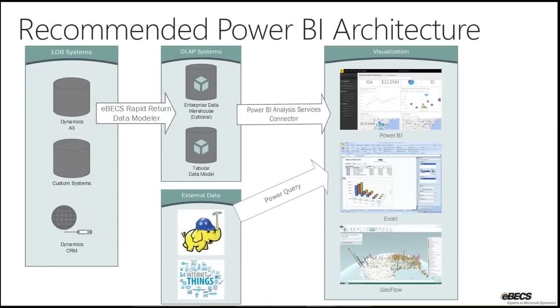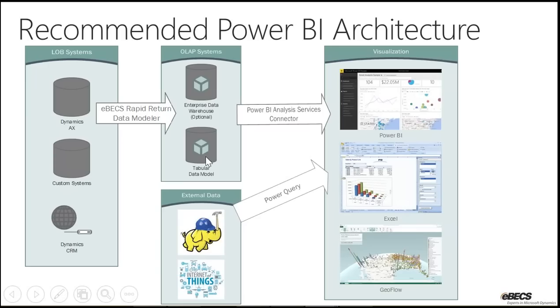So what does a reference architecture look like? If you're a Dynamics AX shop that wants to use Power BI, well, you'd start with your source systems, CRM, custom systems, Dynamics AX. Utilizing your eBECS Rapid Return Data Modeler as well as SSIS, you would then go over to your OLAP systems. So you have an enterprise data warehouse, that's optional depending on the size of your data and your organization, and you have your tabular data model.